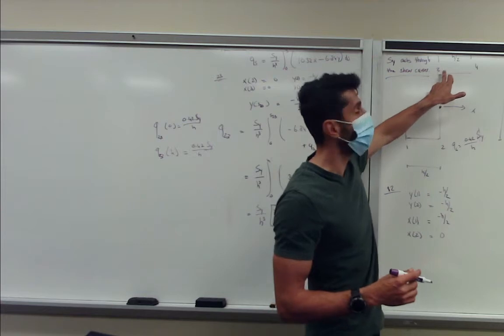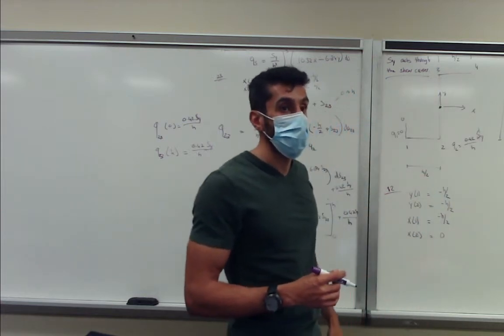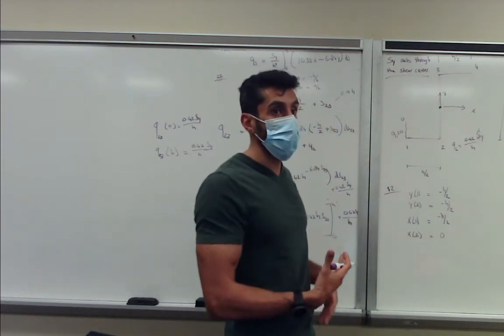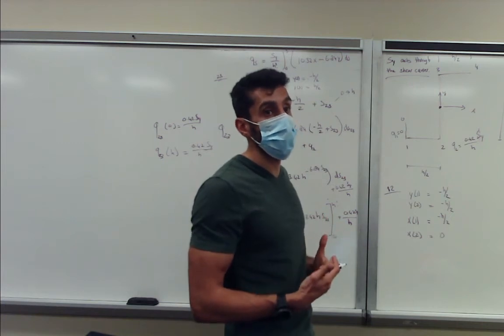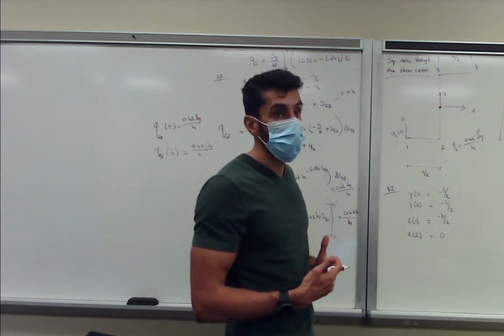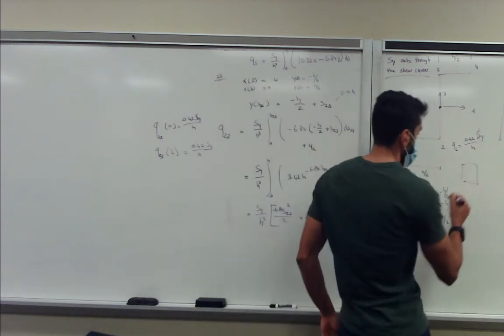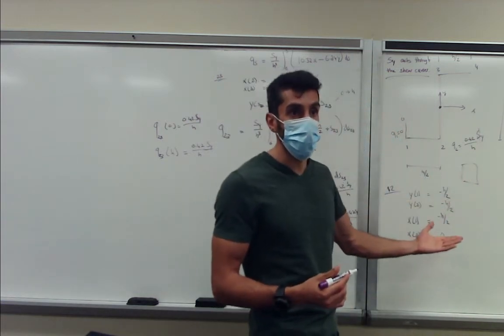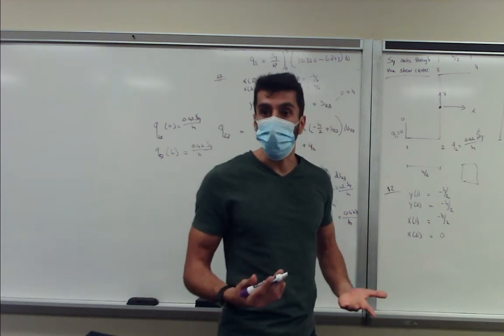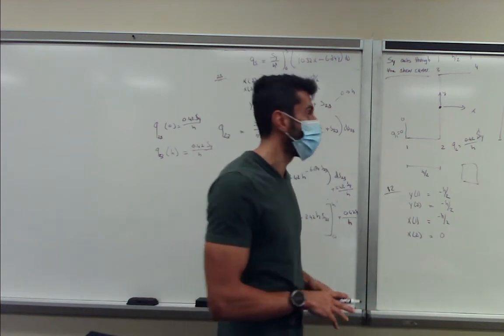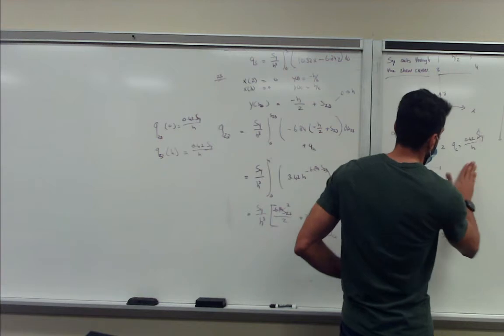Segment 3, 4, you add Q3 to it. So you always want to start at a location where you know the shear flow is equal to 0. And we'll deal with what happens if you actually have a closed box and how you solve that, because at that location there's no zero location of shear flow. But we'll come to that in a later lecture.